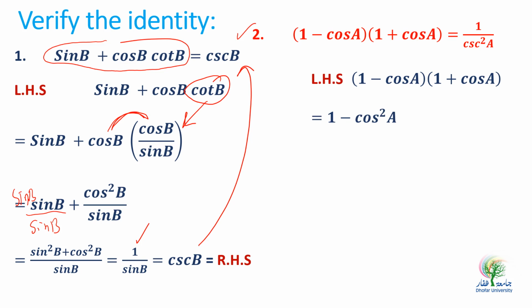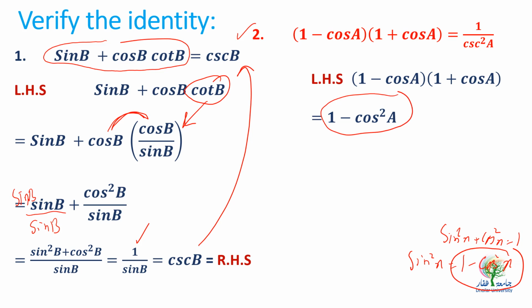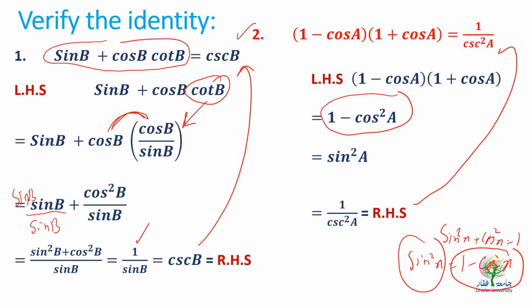As I told you before, sin square x plus cosine square x is 1, so sin square x is 1 minus cosine square x. So we replace 1 minus cosine square with sin square. Here we have the angle a, so it becomes sin square a. Sin square a is the reciprocal, 1 by cosecant square a, which is the right hand side, and proved.